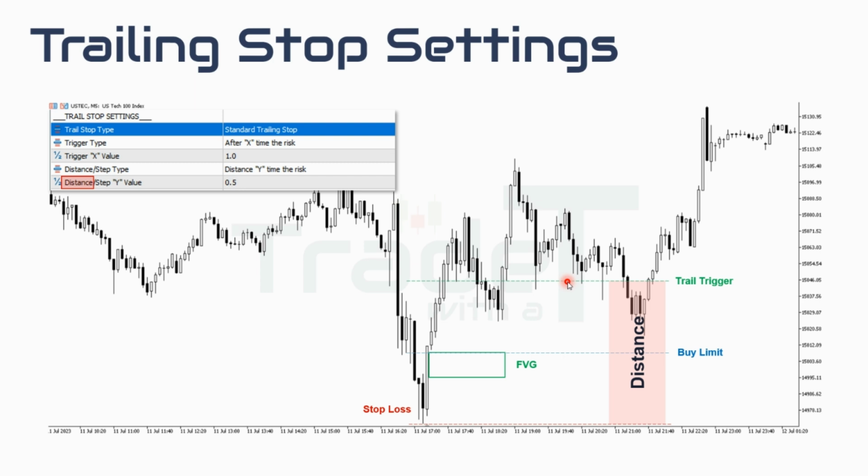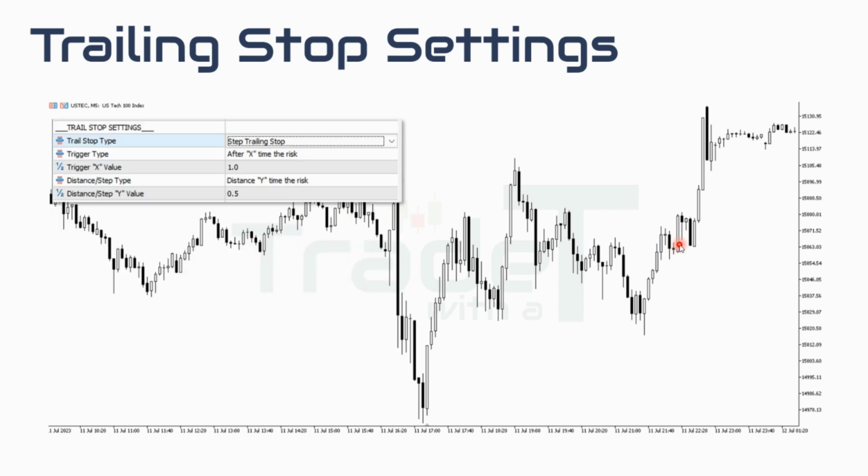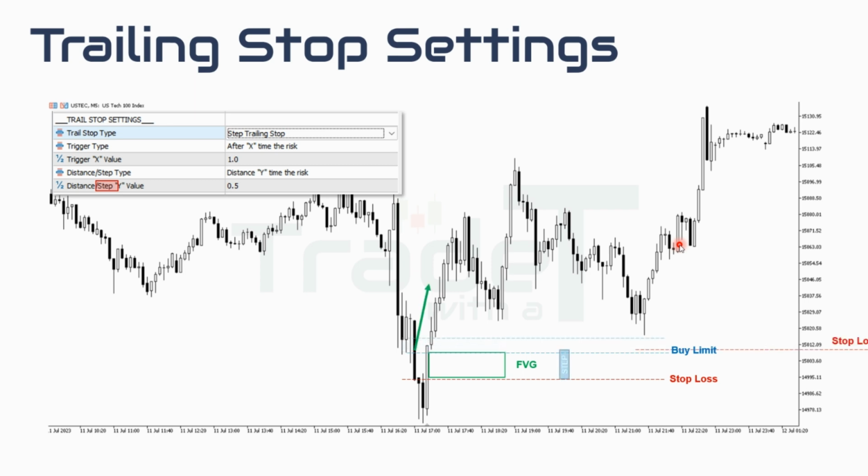So the distance will always be there, as this distance is linked to the price. Whenever the price moves, the stop loss will move as per the distance that is defined. Or, if we're using the step trailing stop, we define the step size. And whenever the price moves up by the step size, the stop loss will be shifted.